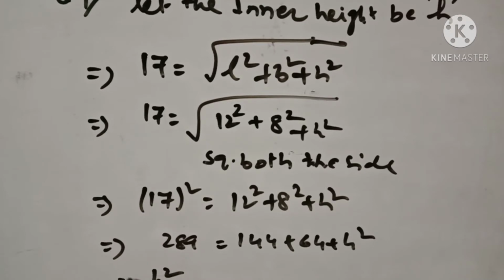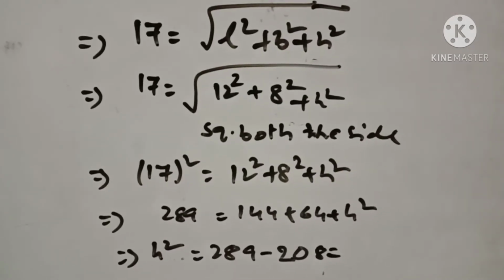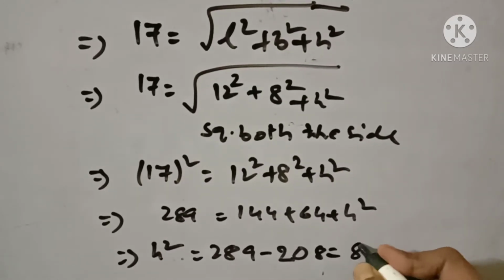Therefore h square equal to 289 minus 208, because this one we have to add, so sorry, 208. So it will be 81.